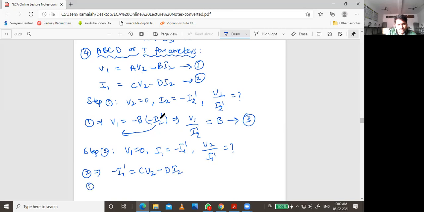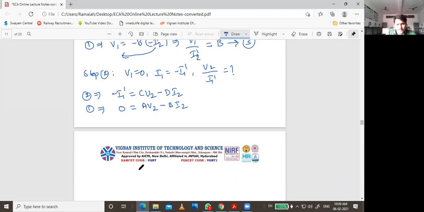But from equation 1, V1 equal to 0, so AV2 minus BI2 equal to 0.